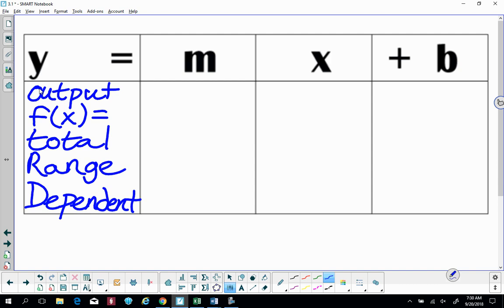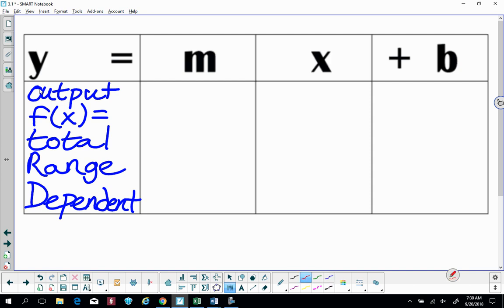Meaning that whatever answer is here is dependent on this side, whatever we plug in on this side. So this is independent. It's going to be changed by the function. That's why f of x is all by itself over here. We all got this? So we have output, f of x equals, total, range, and dependent.